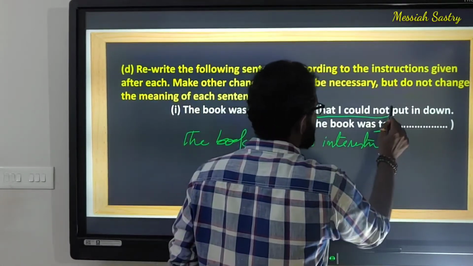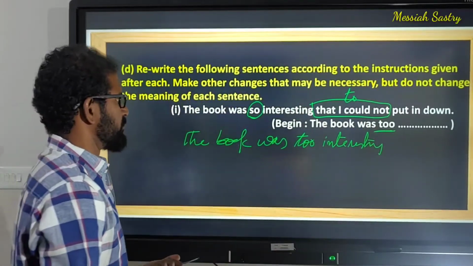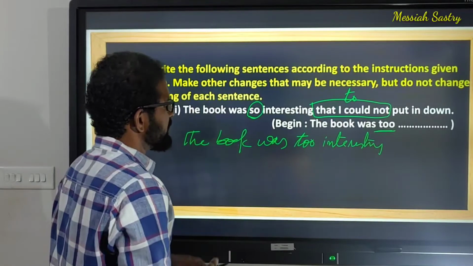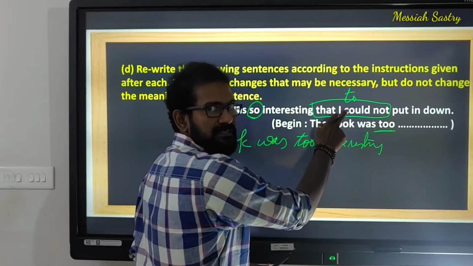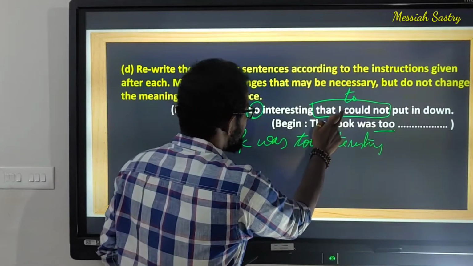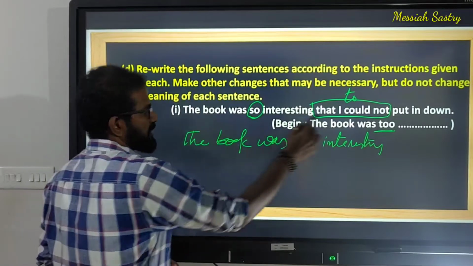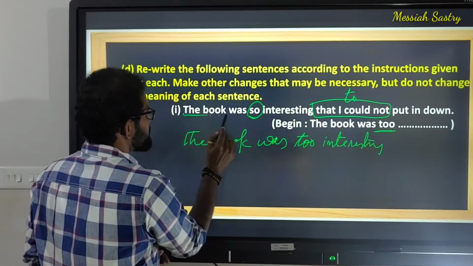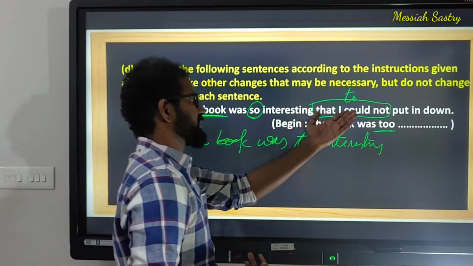In place of "that I could not," you have to use "to." But here we need to note a point. If the subject in the main clause and the subject in the "that" clause are the same, then we can omit it. But here the subject is the book, and the other subject is I. So we can't omit I here.